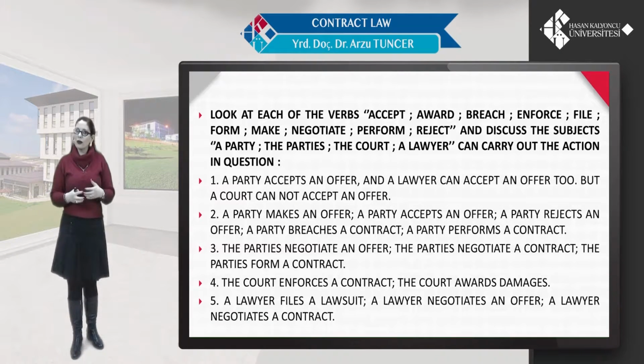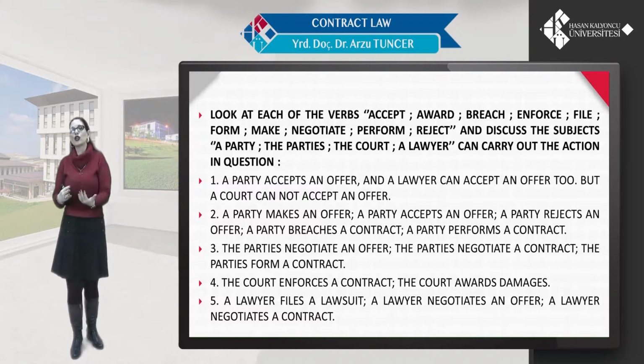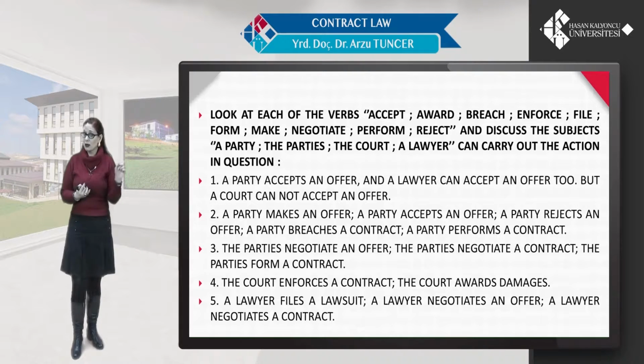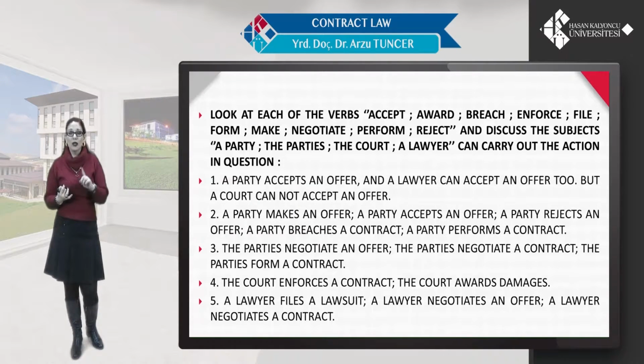The parties form a contract. So, what about the court? The court enforces a contract, or the court awards damages. A lawyer, when we mention the lawyer, a lawyer files a lawsuit, as I mentioned before. A lawyer negotiates an offer, and also a lawyer may negotiate a contract.